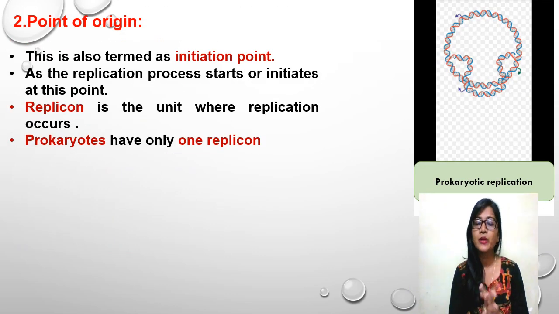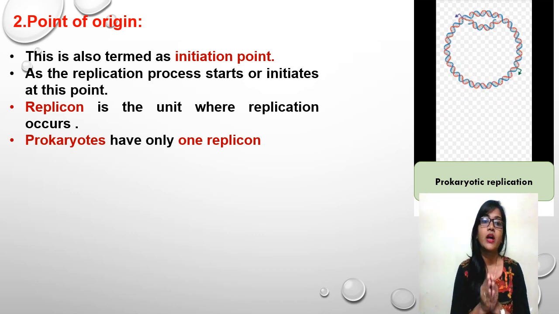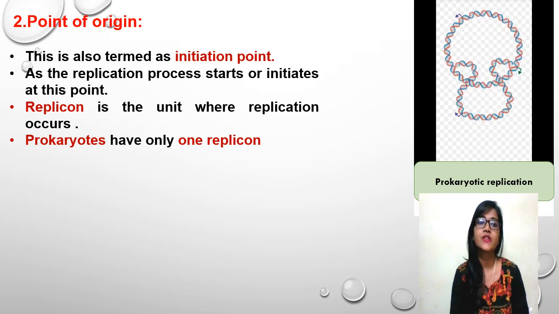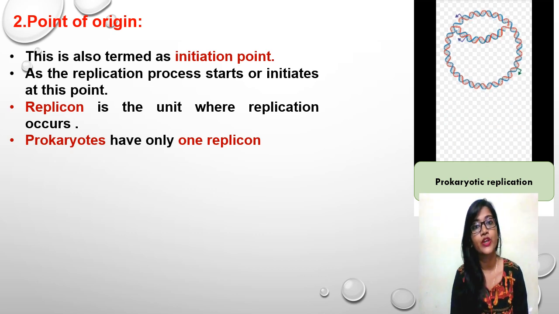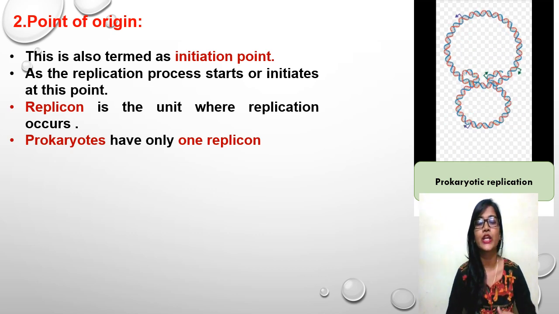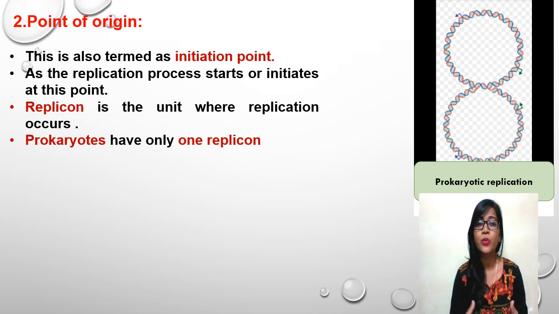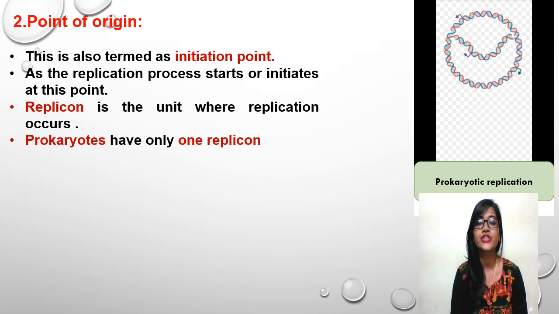The second step in the DNA replication is the point of origin. DNA replication begins at a certain specific site situated on the double-stranded helical structure of the DNA, which is twisted, supercoiled. We have studied the DNA structure.